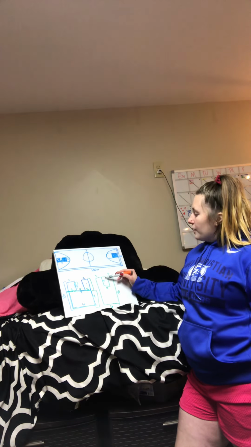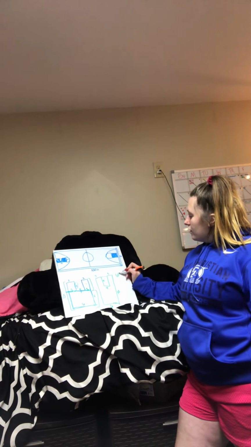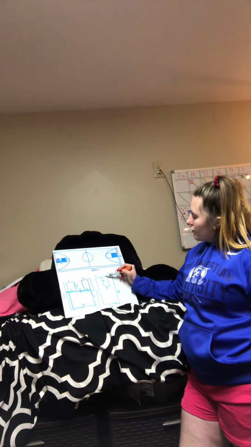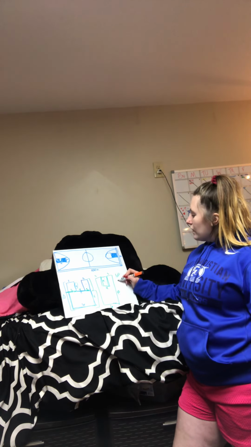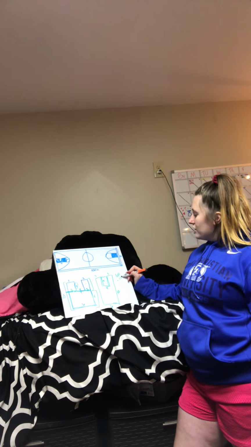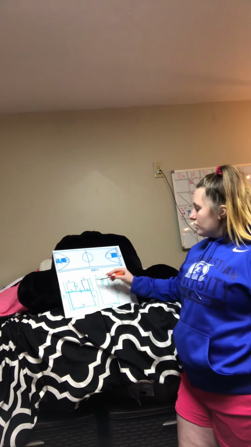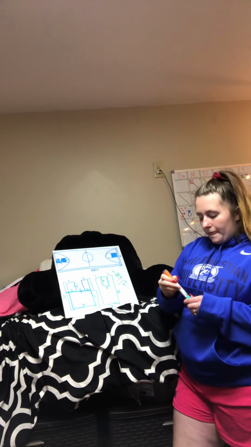But this is empty. So we do 6 times 10, that's 60. Now we have to get rid of this area, which we know is a square because we have 4 and 4. So we're going to subtract 4 times 4, which is 16, which is 44. So the area of this figure right here is 44.